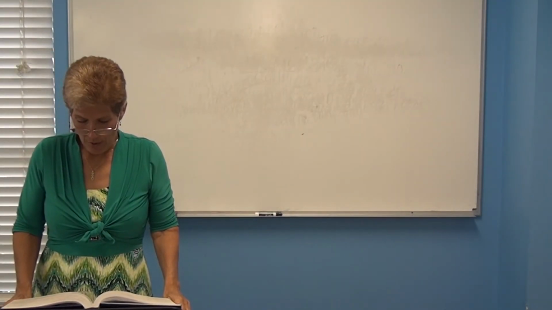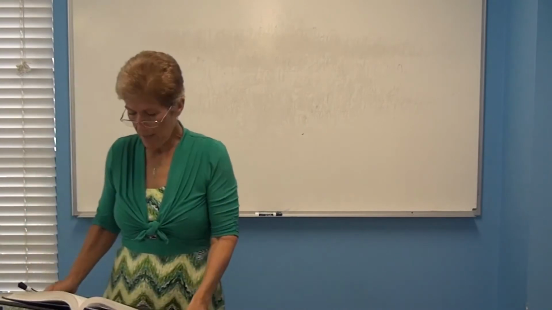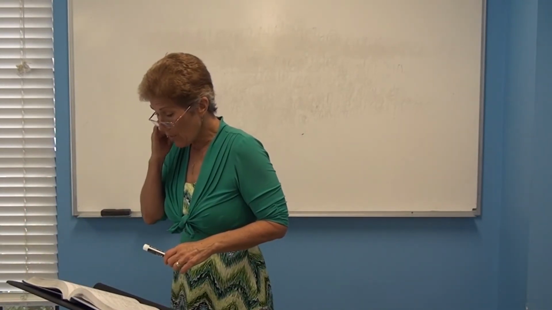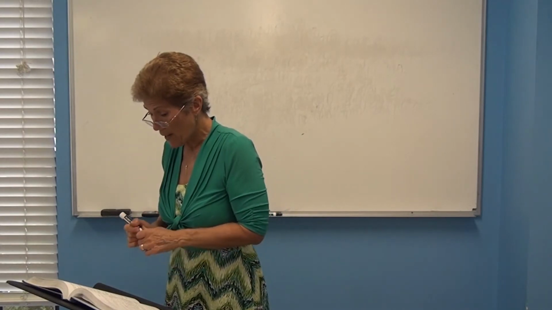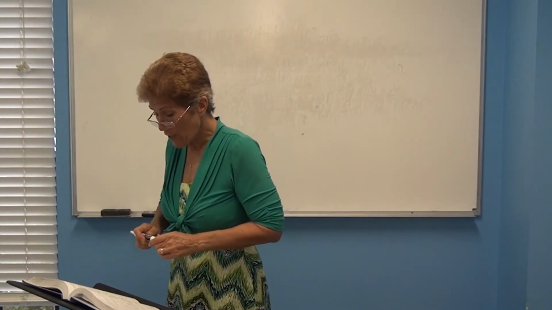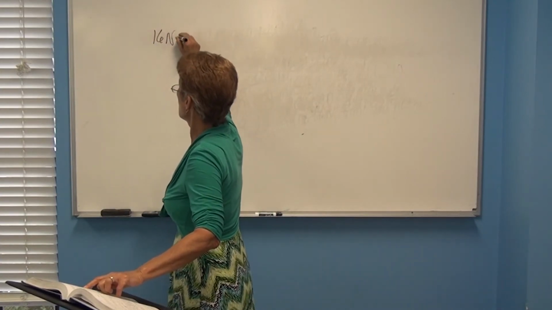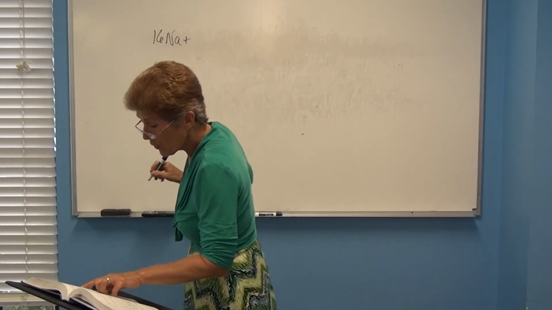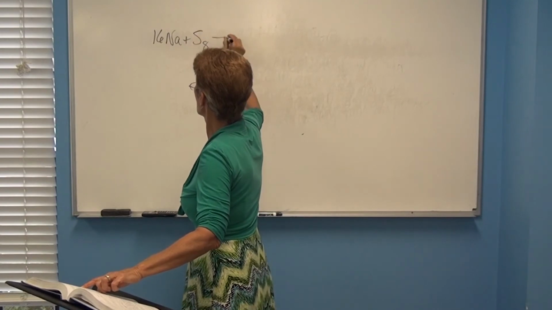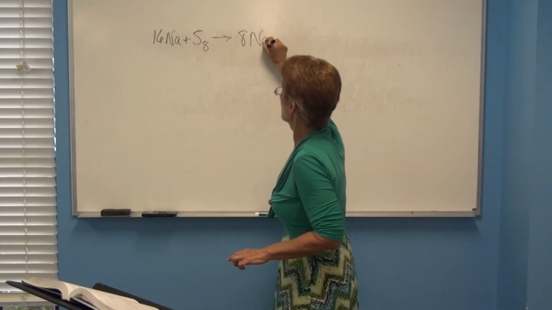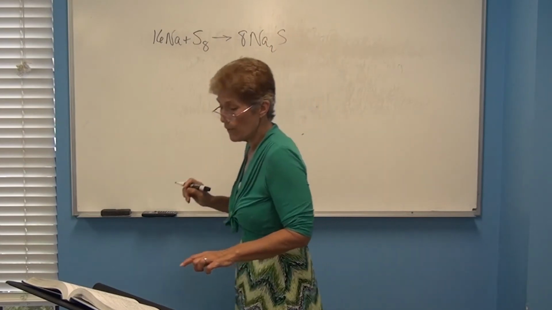Okay, we are on number 16. How many moles of sodium would be needed to make 500 grams of sodium sulfide according to the following equation? So we have 16 sodiums plus... there we go.